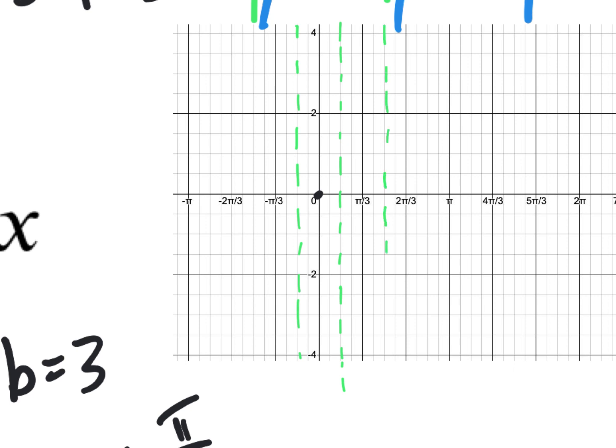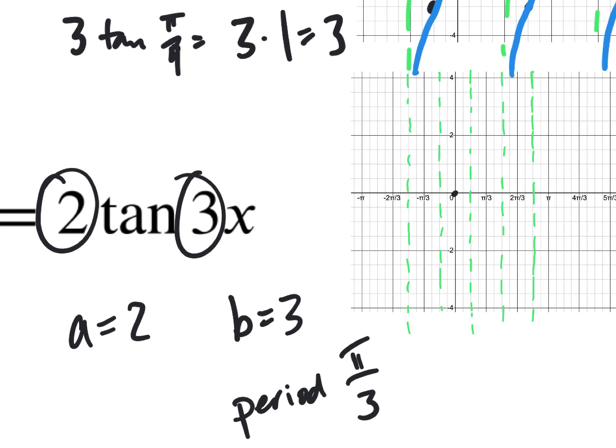Notice that I changed the x values so that it would show me more easily where the asymptotes are supposed to be. So I'm just going to do those first couple of periods because I don't think it's going to be super helpful to go too far over from there. This thing is also stretched out because of the 2 there, and so we know that it's going to be pretty tall.